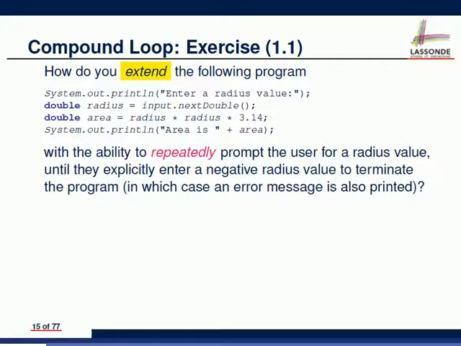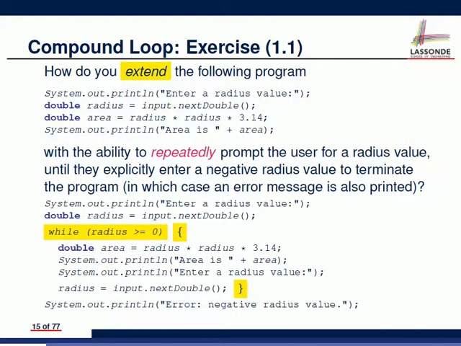Now, what we want to do is use a simple while loop to say that as long as the user has entered a non-negative value for radius, meaning larger than or equal to 0, we're going to keep doing this area calculation. As soon as the user enters something negative, exit from the loop. That's what we want to do. But how do we do that? Let's try to reason about this. I'll guide you through the code from Android Studio.